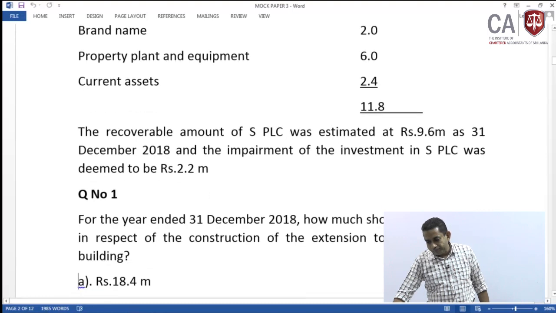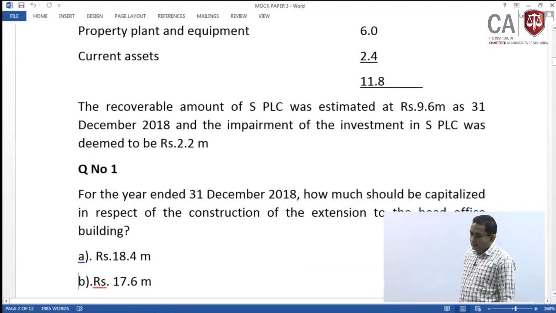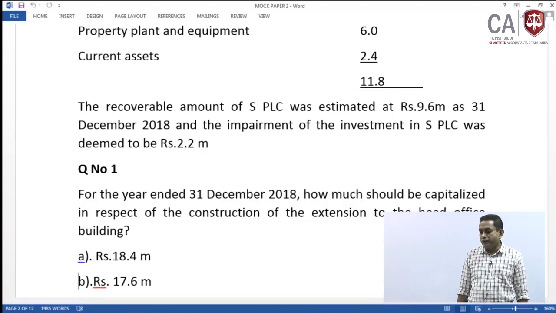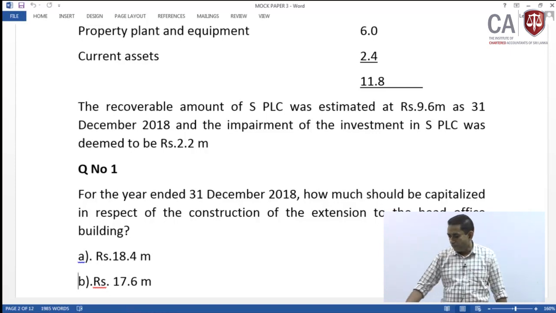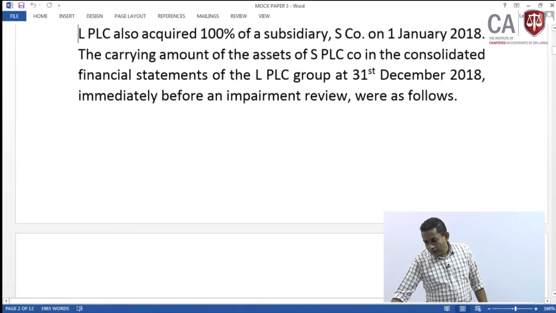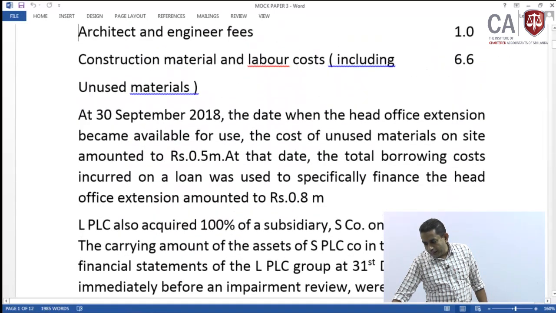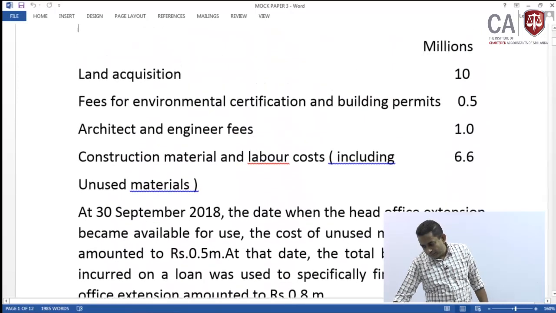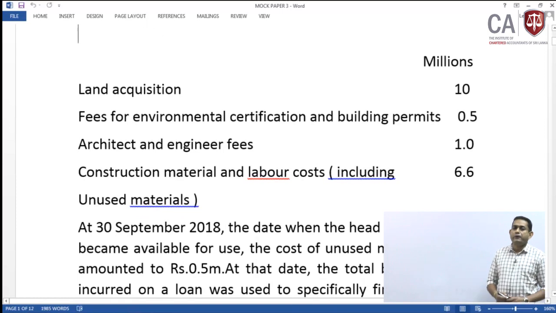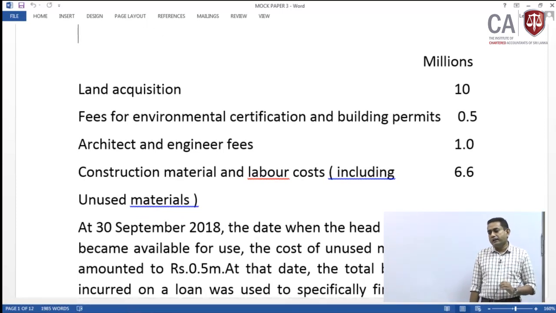Question number 1. For the year ended 31st December 18, how much should be capitalized in respect of the construction of the extension to the head office building? Now, to calculate the cost of the building constructed, you should go on adding only the directly attributable costs incurred in preparing the asset to the required level.